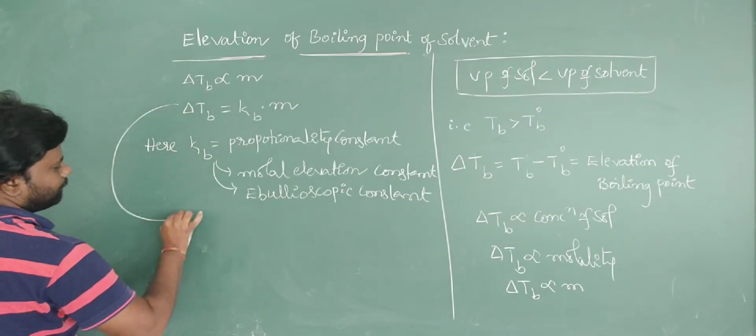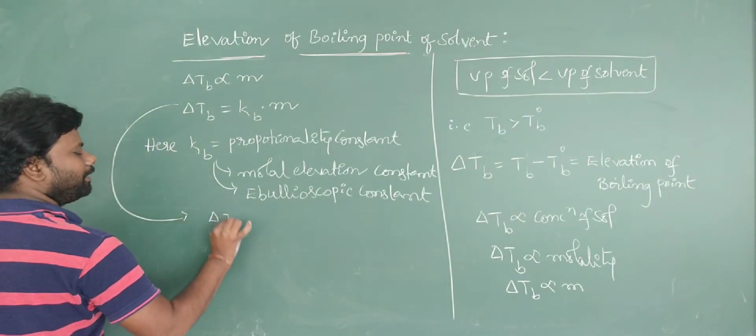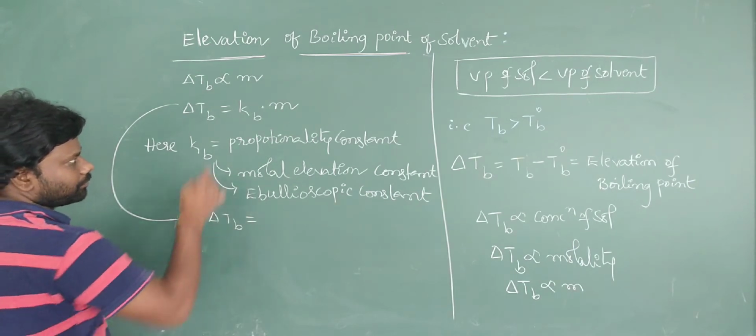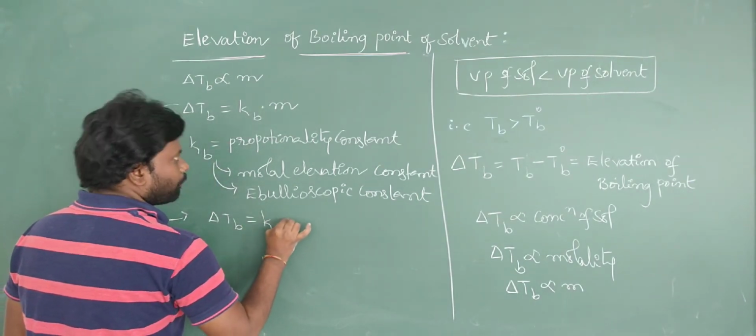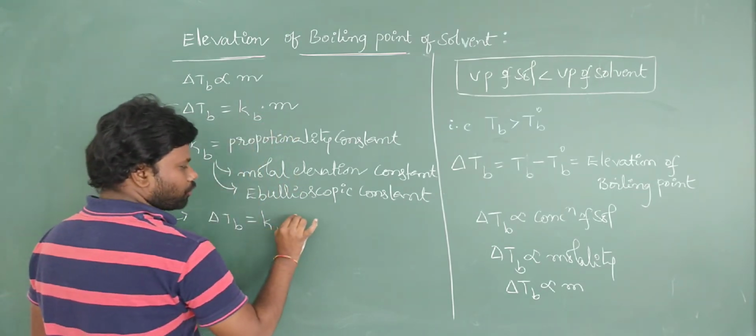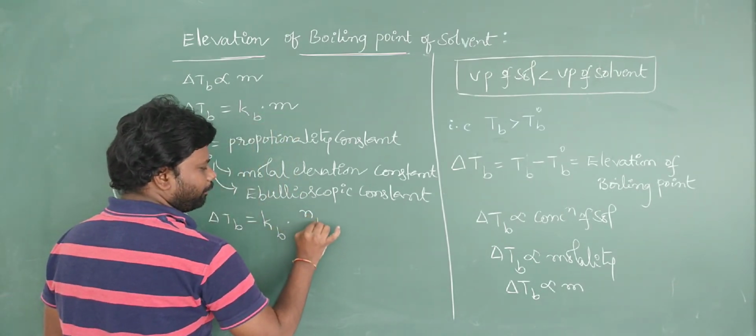So come to here, delta TB is equal to Kb into the number of moles of solute, that means mB.